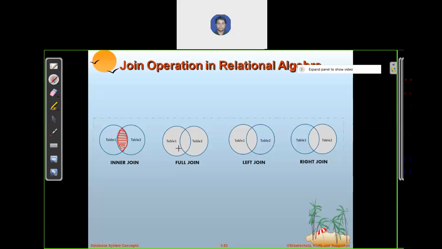If it matches, write the corresponding record. If it does not match, set the corresponding value as null. And left outer join, take all the records of the left-hand side relation, and if the corresponding record is not present in the right-hand side relation, set as null, and the same in the right.